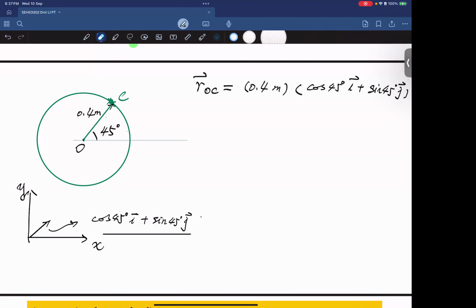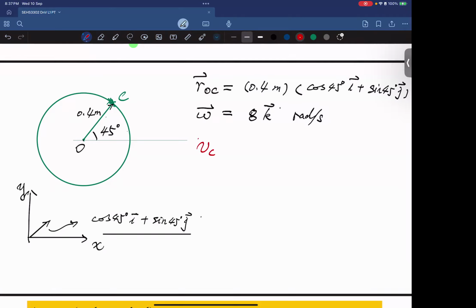And then we know omega, we just repeat, omega here is 8 radian per second, and the direction is k, right? Direction is k, and then we do the cross product.